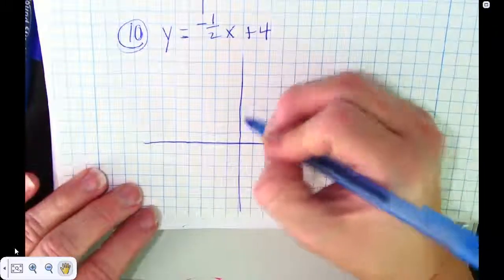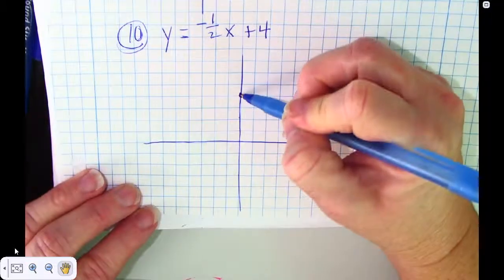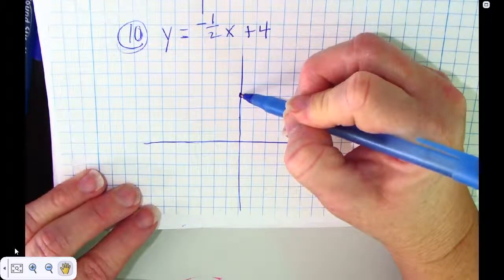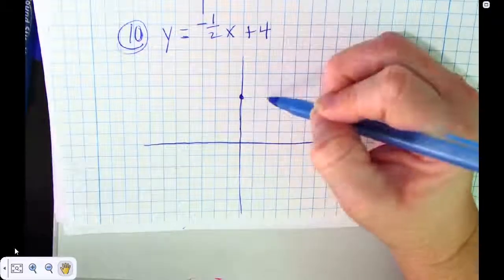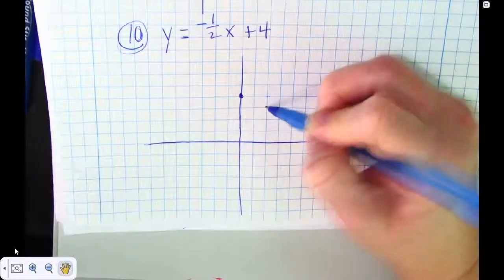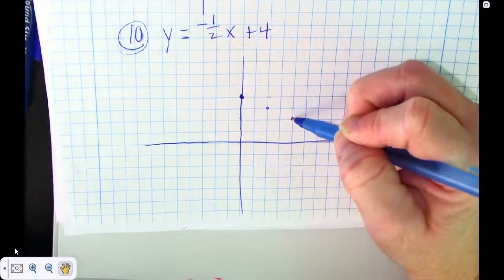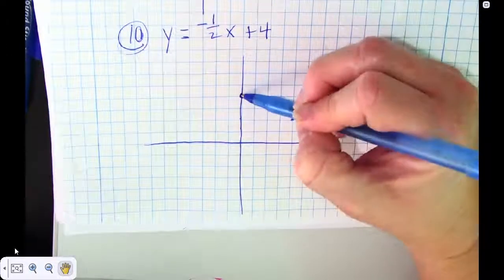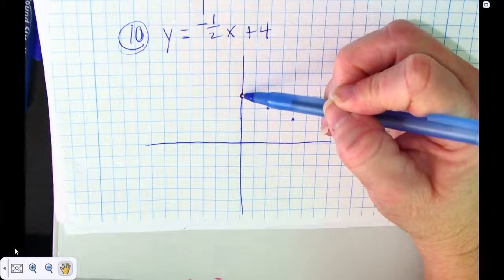So I'm going to start at 4. I'm going to run how many? 2. Run is on bottom. Run 2, down 1. Everybody put your marker on 0, 4.